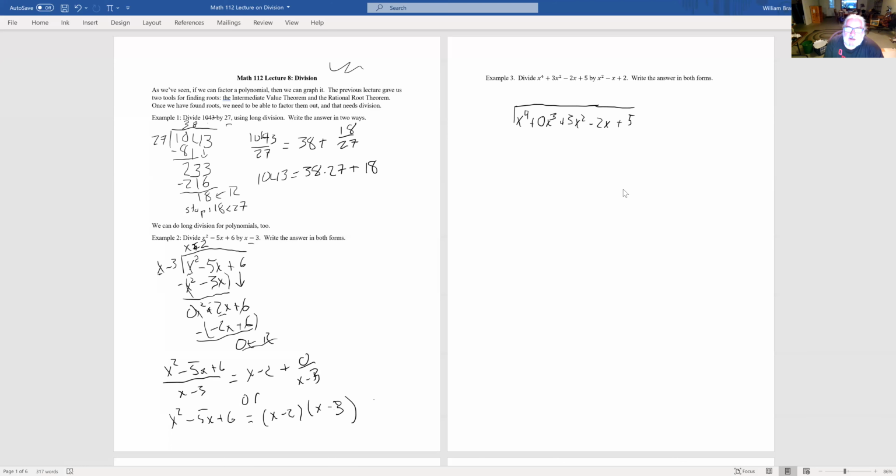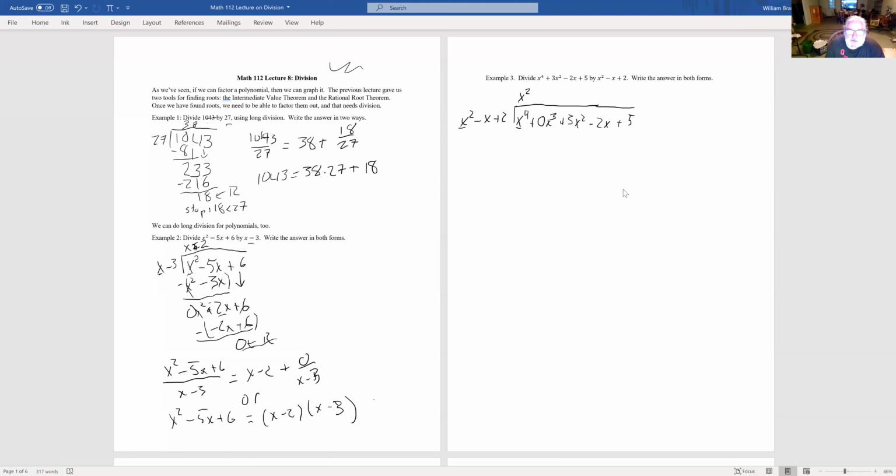Then I want to divide it by x squared minus x plus 2. Okay, so how do I do this? I look at the leading term here, which is x squared, and the leading term here, which is x to the 4th, and I ask myself, what do I multiply the x squared by to get the x to the 4th? And I tell myself an x squared.